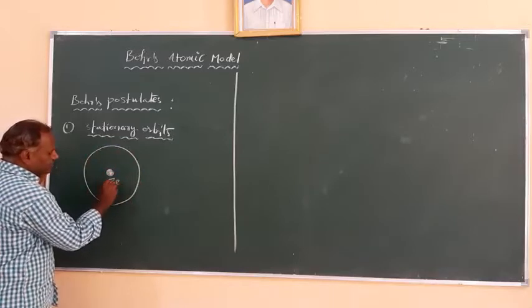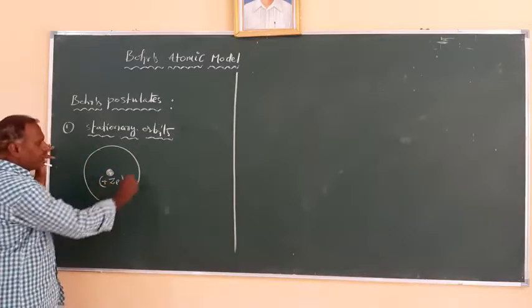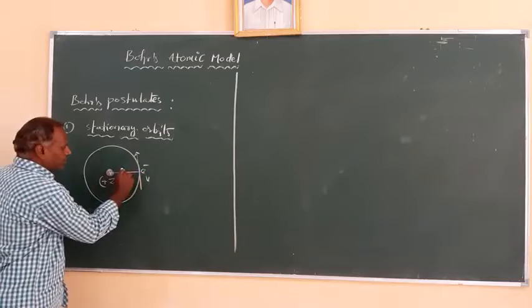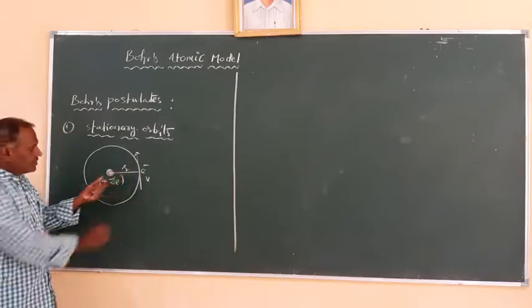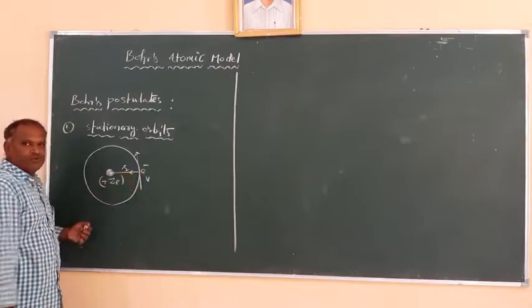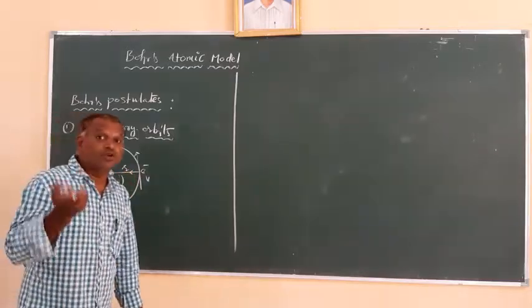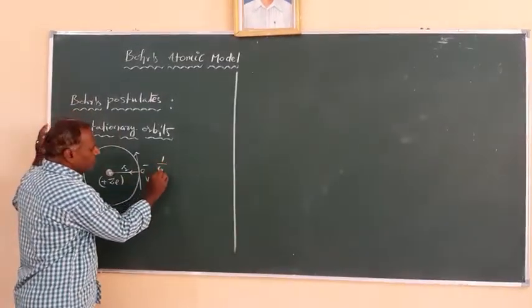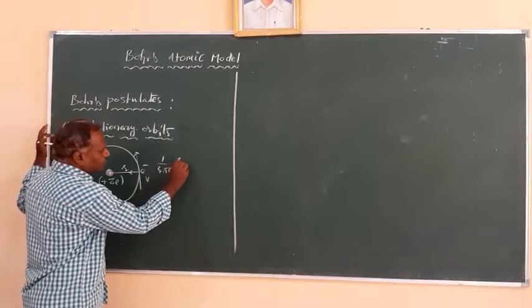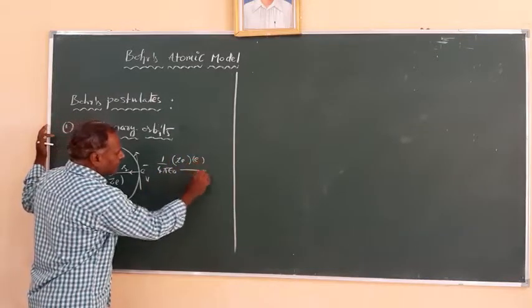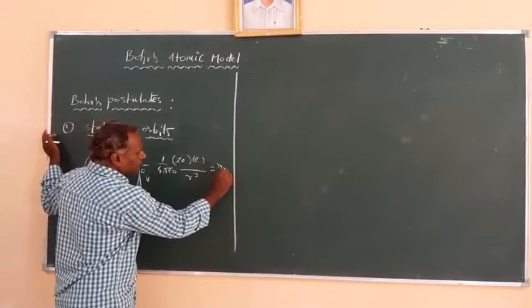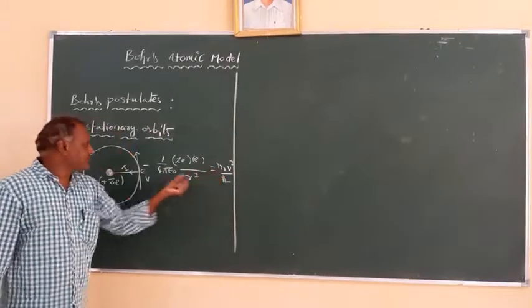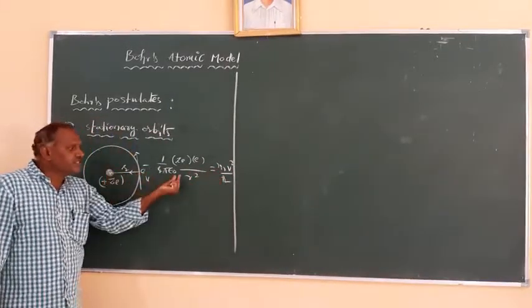Here the nucleus has charge plus Ze, and the electron is moving with velocity v in a circle of radius r. The force attracted towards the center, the centripetal force, is the electrostatic force between the two charges: 1 upon 4 pi epsilon naught times Ze into e upon r square is equal to mv square by r. So this is the centripetal force acting on the electron towards the nucleus.